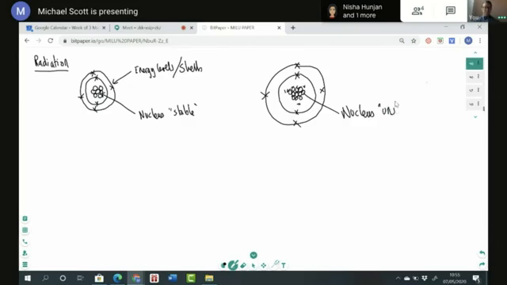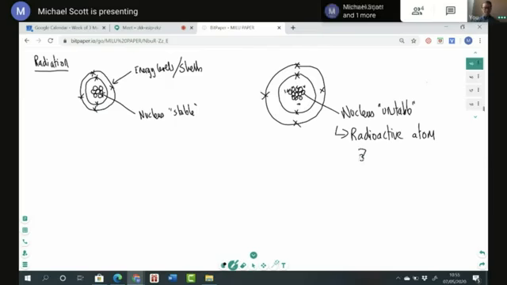And it can be unstable due to having too many neutrons in the nucleus. But the important thing to realize here is that any time that we have an atom and that atom has an unstable nucleus, we would refer to this as being a radioactive atom.